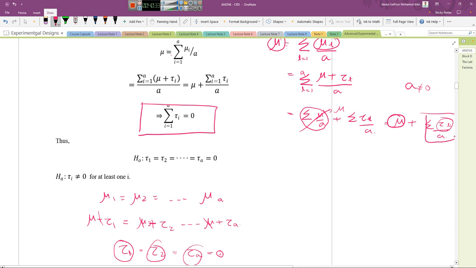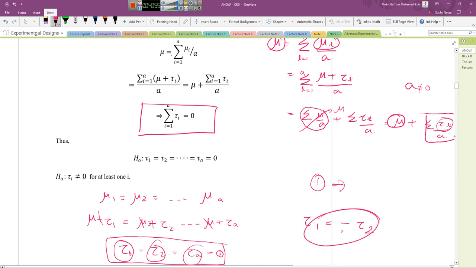But now this is just our doubtful statement, right? Now you see here, if the total of treatment effect should be equal to 0, one situation is all treatment effects are 0, otherwise tau1 is equal to minus tau2.